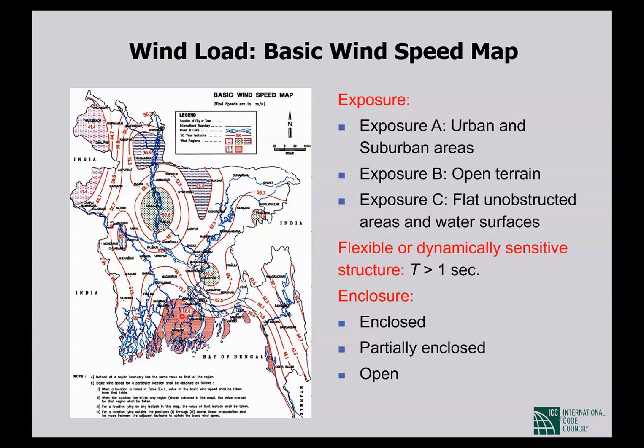Even with the latest data, the actual speed that we can derive to calculate wind load is not that conservative. So we became conservative and we followed the previous version of the code.